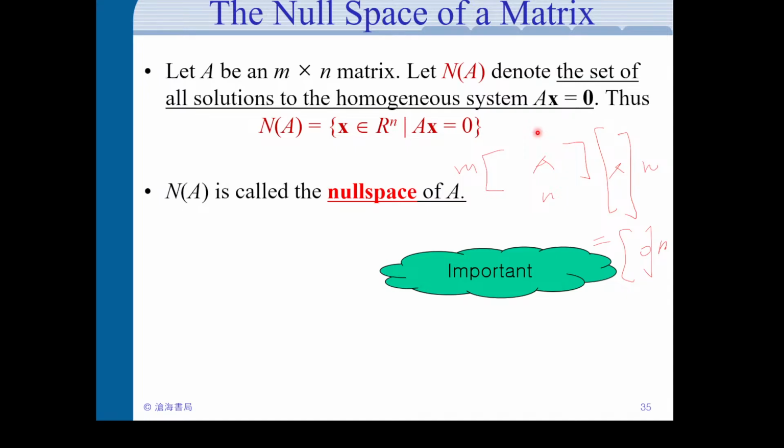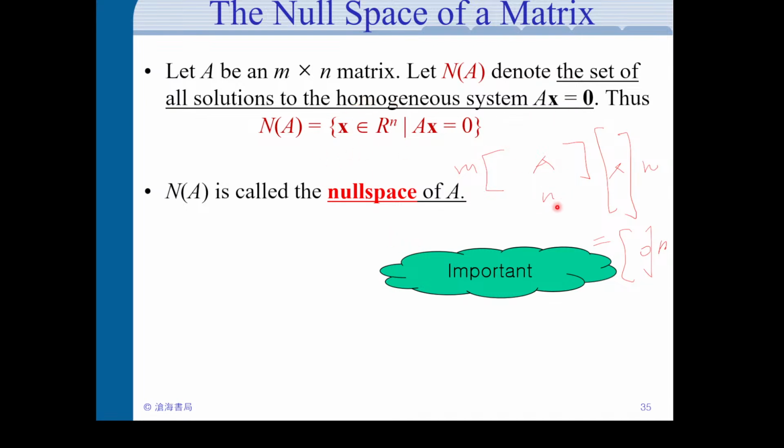And we know that there is always a trivial solution of x all equal to 0, but sometimes there are other non-trivial solutions, and we want to see what the set of all solutions to this homogeneous system is. And it turns out it will be a linear space, and it will be called the null space of A. And this null space of A will be a subspace of Rn.